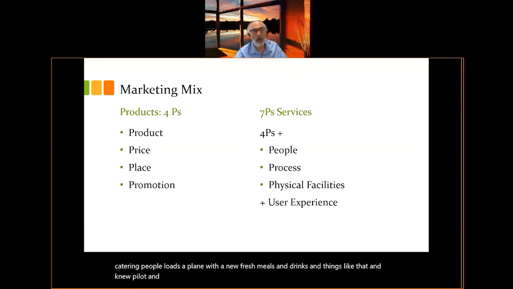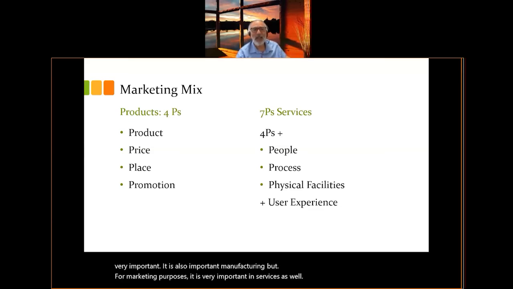So the process is very important. The process of booking the flights, so the process in service is very, very important. It is also important in manufacturing, but for marketing purposes, it is very important in services as well.